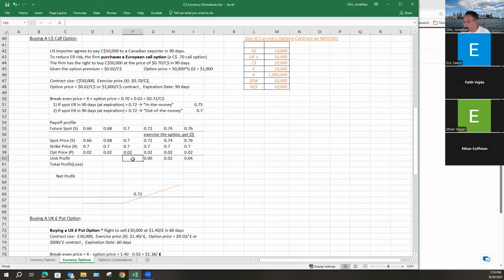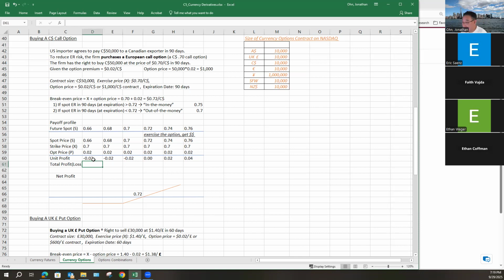The only thing is you pay this one here. The only payment is 2 cents, minus 0.02 there. That is your cost.